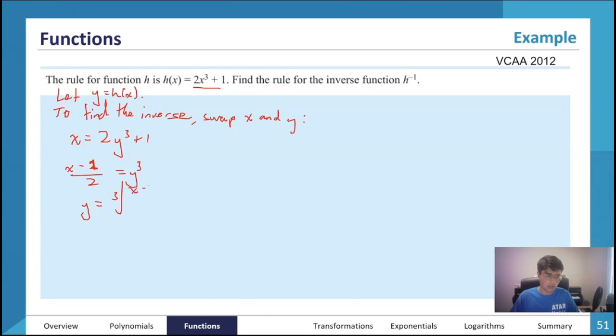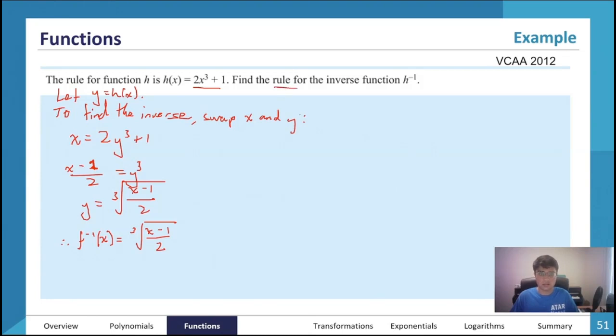So we get the cube root of x minus 1 over 2. And that looks like it. So with y isolated, we can then write, therefore, h inverse of x is equal to the cube root of x minus 1 over 2.